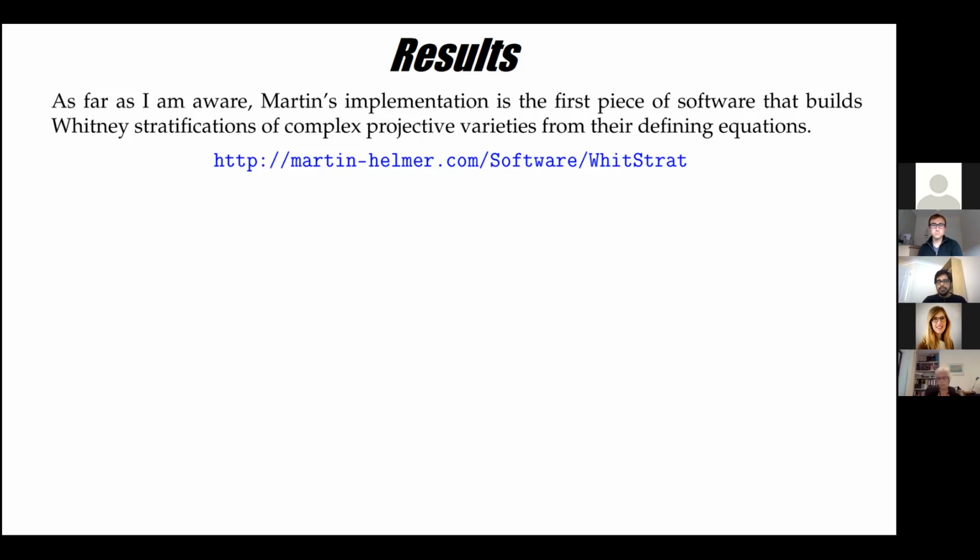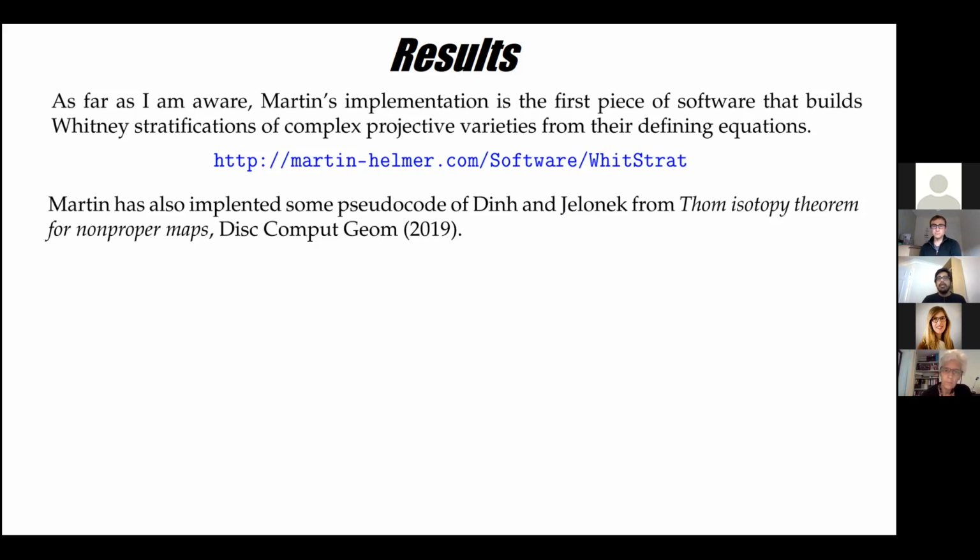So we wanted to benchmark this against something else, and it turned out that there's nothing else, in the sense that there's no existing implementation of anything that has this functionality. You feed it equations, complex projective varieties, and it pops out a Whitney stratification. Fortunately, even though there's nothing implemented, there's one paper we found, quite recent, by Din and Yellowneck, I think.